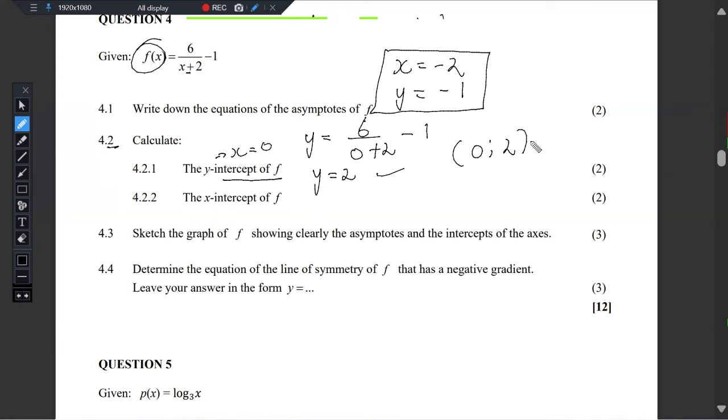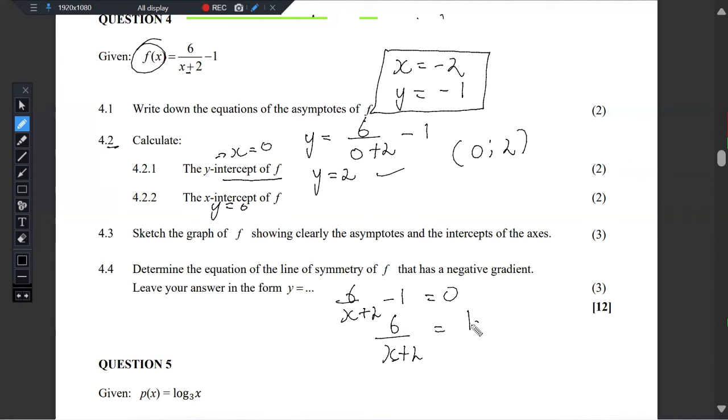Then the x-intercept, this is where we make our y 0, right? So for the x-intercept, we make y 0. Again, here we say 6 over x plus 2, then minus 1, and for our f of x, we put 0. Now, every time you're solving this, start with the constant. Bring it over to the other side. So it's 6 over x plus 2, and it's equal to +1.